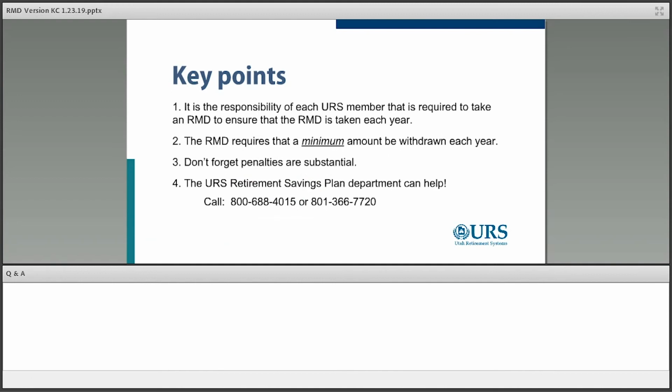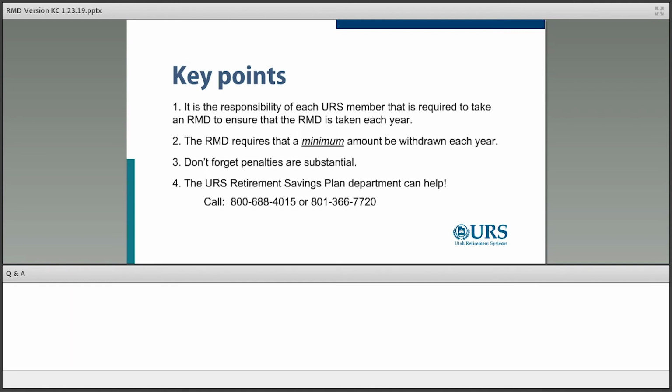Let me go ahead and head down the home stretch here and just try to summarize a couple of the key points that we've talked about today. The first thing that I just want to emphasize is that although we here at Utah Retirement Systems do our best to automate the required minimum distribution process for you and to make it as easy and as simple as possible, ultimately it is each URS member's responsibility to make sure that their required minimum distribution is taken from their account.